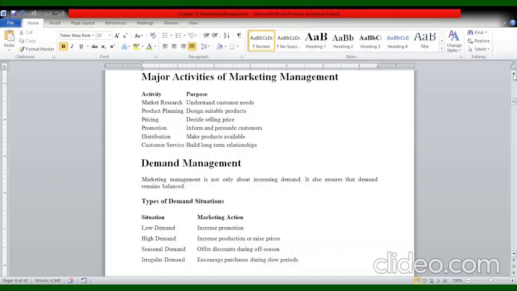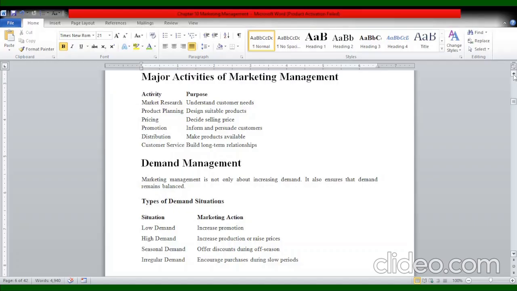It is not only about increasing demand, it also ensures that demand remains balanced. Balanced in the sense that as much as you demand, as much you have a supply. So this is how you balance the demand.